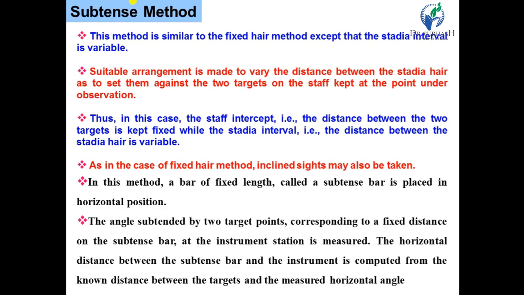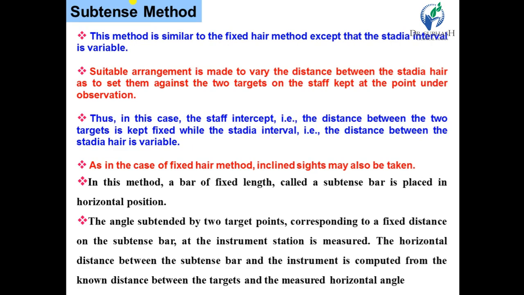Now we are moving to the subtense method. This method is similar to the fixed hair method, except that the stadia interval is variable. A suitable arrangement is made to vary the distance between the stadia hairs to set them against the two targets on the staff kept at the point under observation.